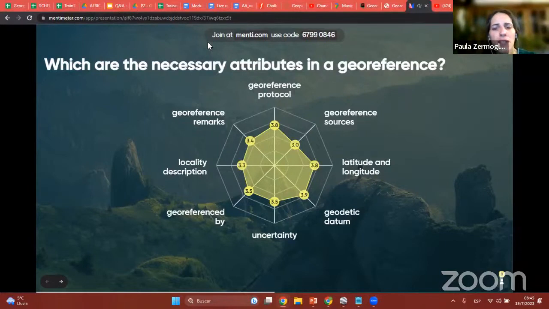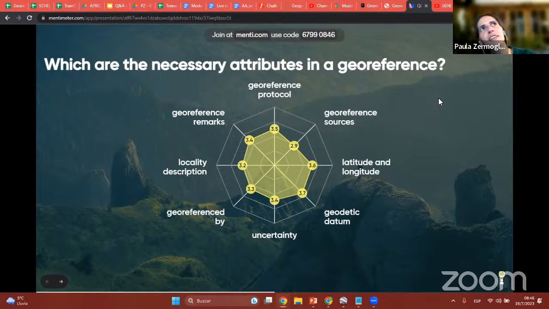It's very interesting what we're seeing on the screen, really. And I'm thinking that maybe I should have clarified at the beginning that this is for a location that can be georeferenced.